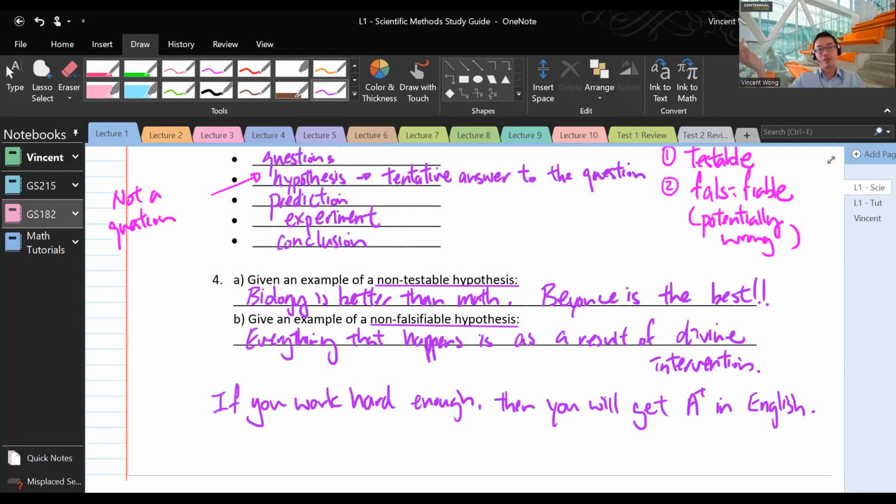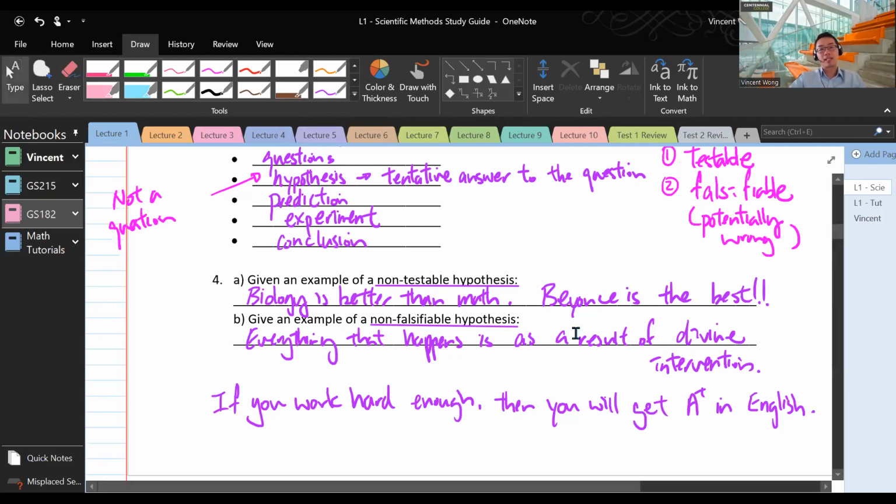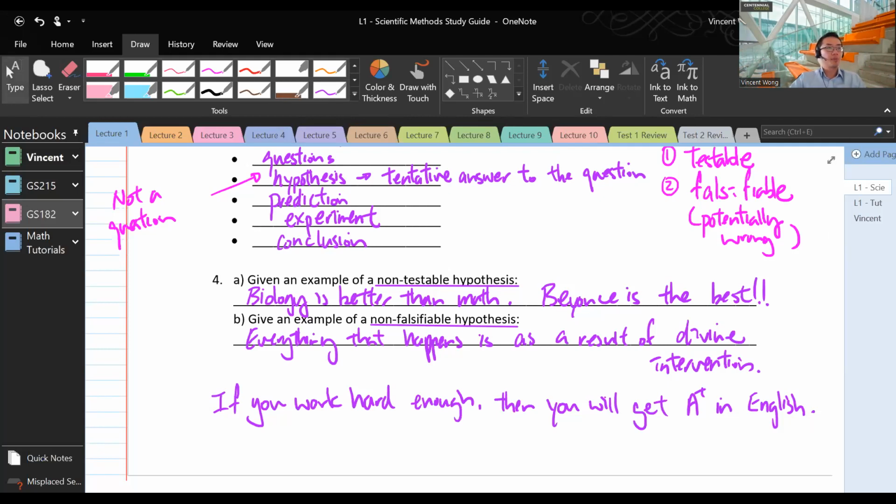If they think the world is having a pandemic right now because it was meant to be from divine intervention, there's no way to prove that wrong, right? It's just a statement that the person believes. So as such, it's non-falsifiable. Whereas if I say that sunlight is causing the plant to grow taller, then that could be falsifiable, because if I remove the sunlight and then it stops growing, then I showed it, right?